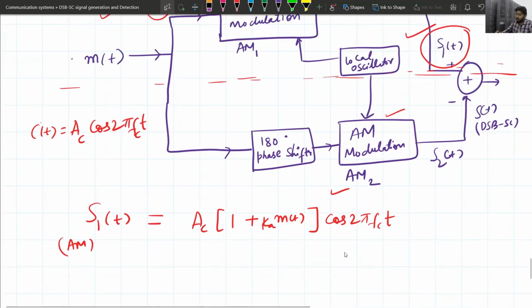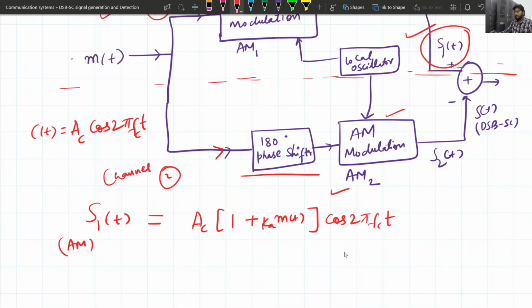And for channel 2, first the message signal is phase shifted by 180 degrees and then passed on to the AM modulator.